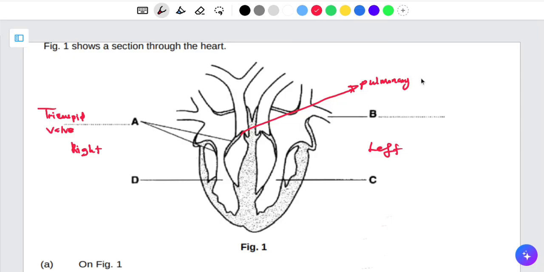So, pulmonary semilunar valve. Then what about this one here? This one is going to be called the aortic semilunar valve.